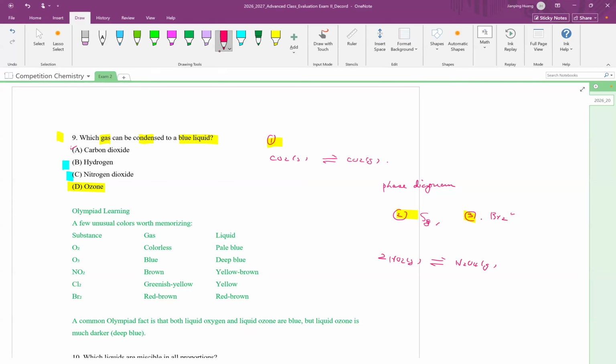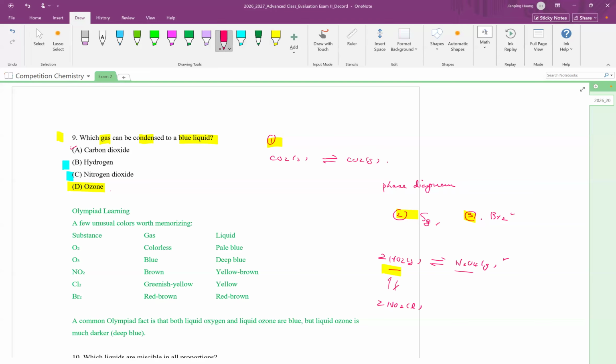Here, this one is colorless. This one is brown, and is used in chemical equilibrium all the time. And what's this? That is brown. Of course, there's a reddish brownish. That one is blue.